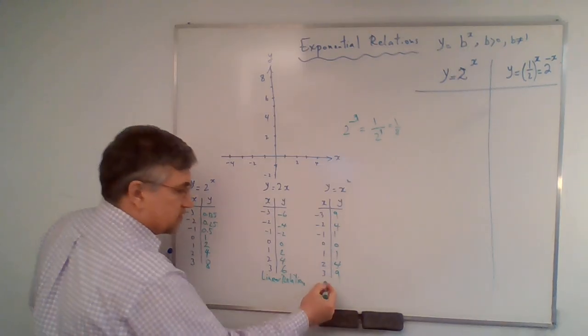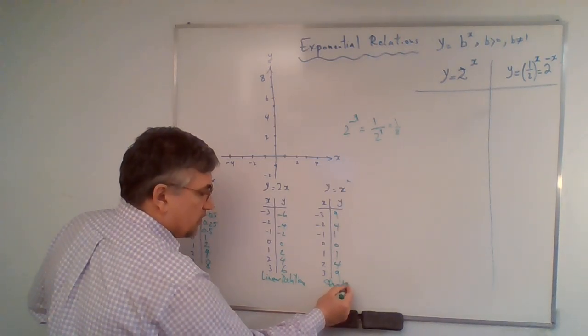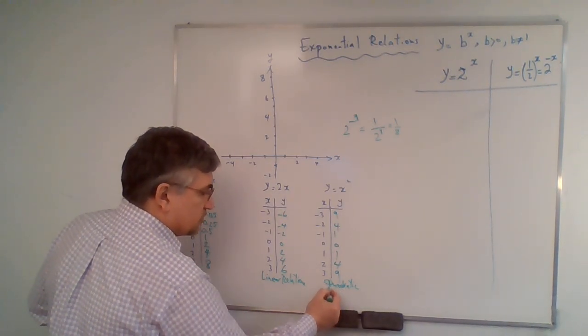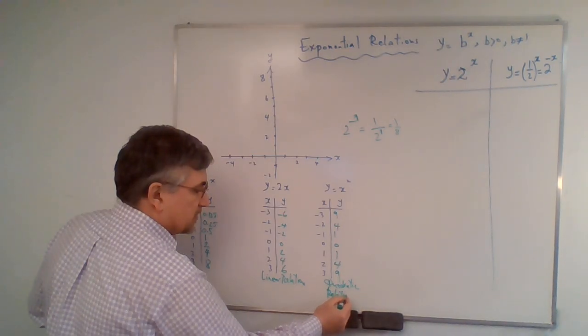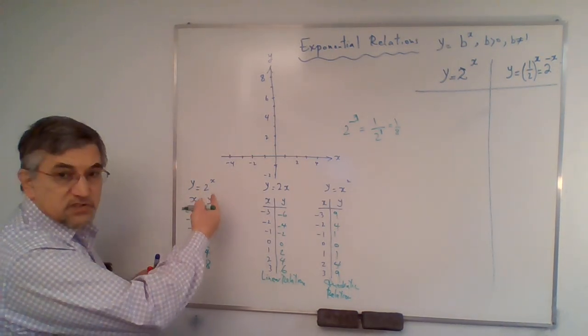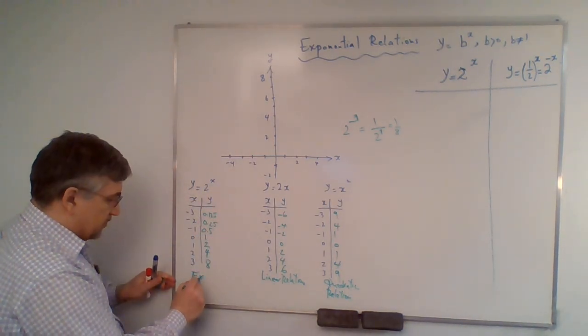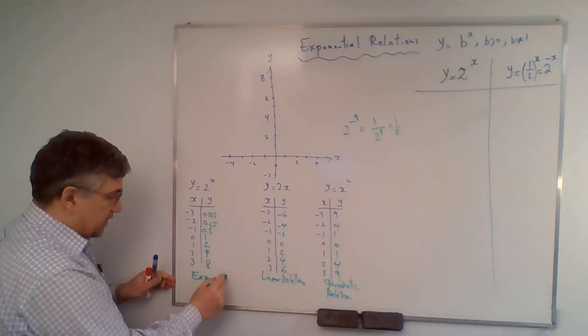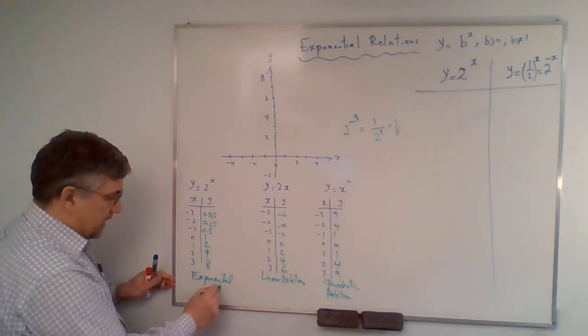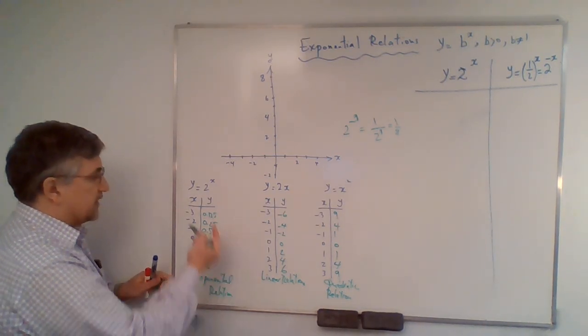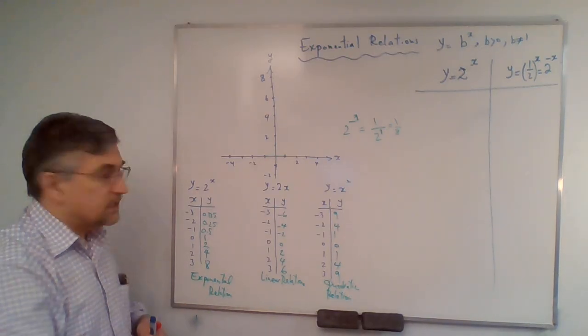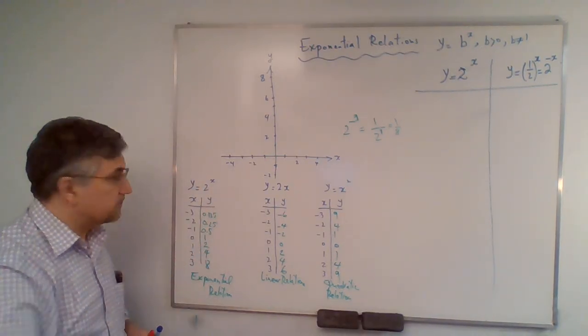And this other one is called a quadratic relation from grade 10. You studied it for the first time. And now this new one is called an exponential relation. That's the third one we are learning. And the variable x is in the exponent part of the power.